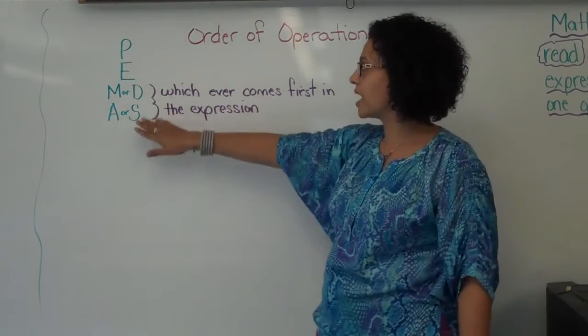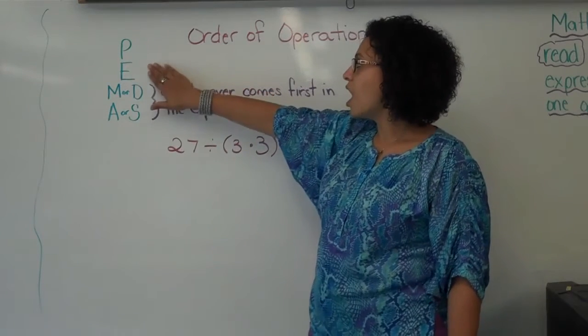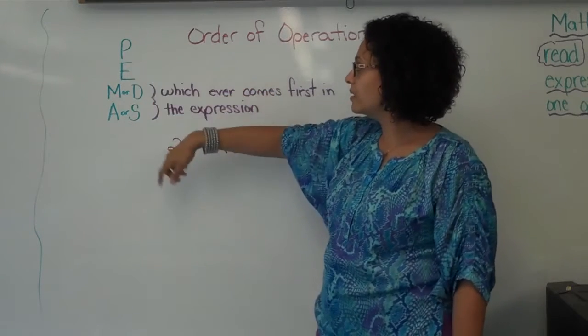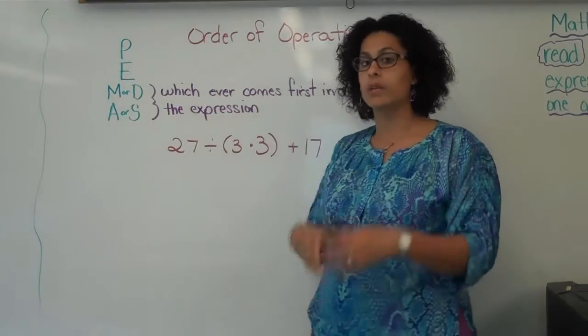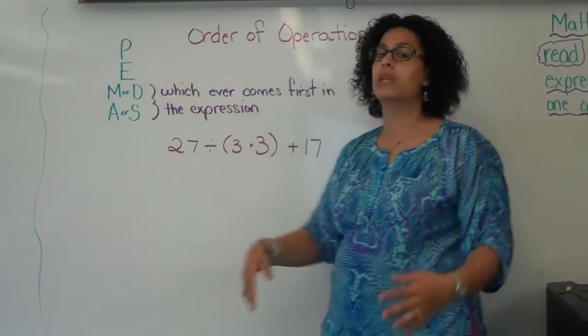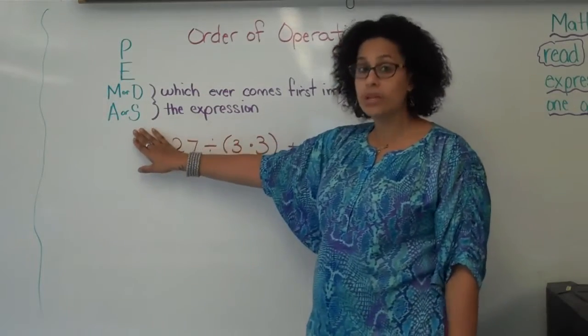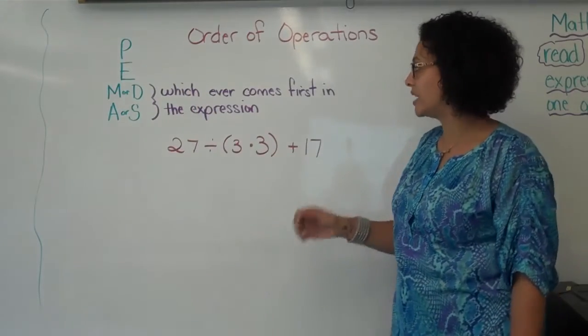So here's our PEMDAS. Remember, our P stands for parentheses, our E for exponents. Notice that I added a little "or." M or D would come next, A or S. So multiplication or division would come next, addition or subtraction would come next. And this was that new piece that we talked about today.